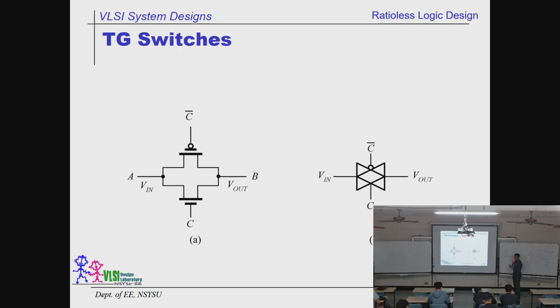And the question you might ask: why do we like to have a long inverter chain? From time to time, you need to delay certain signals so that they can be synchronized with others. So basically, the buffer means to create delays.